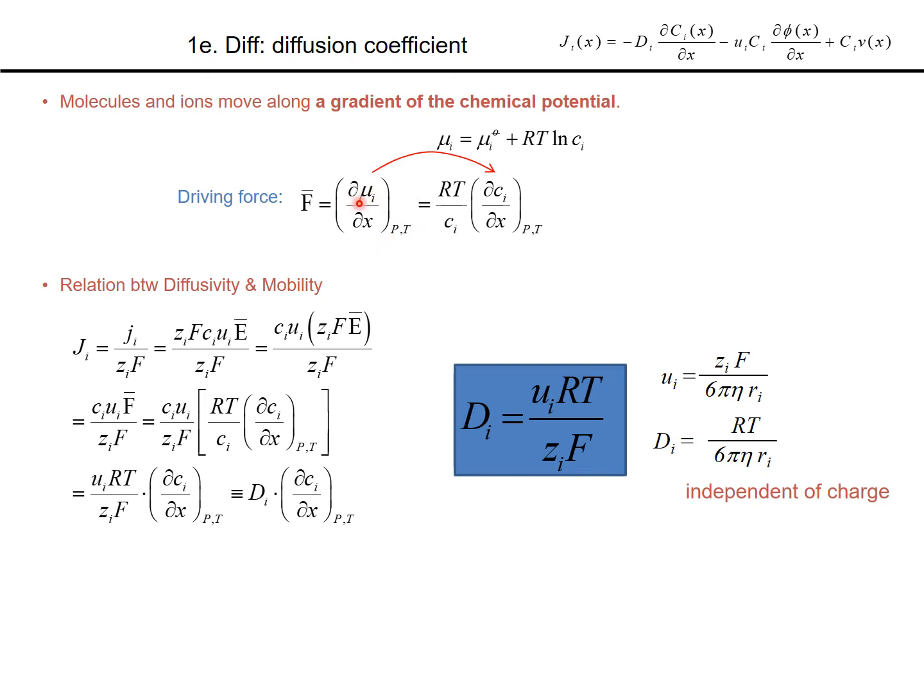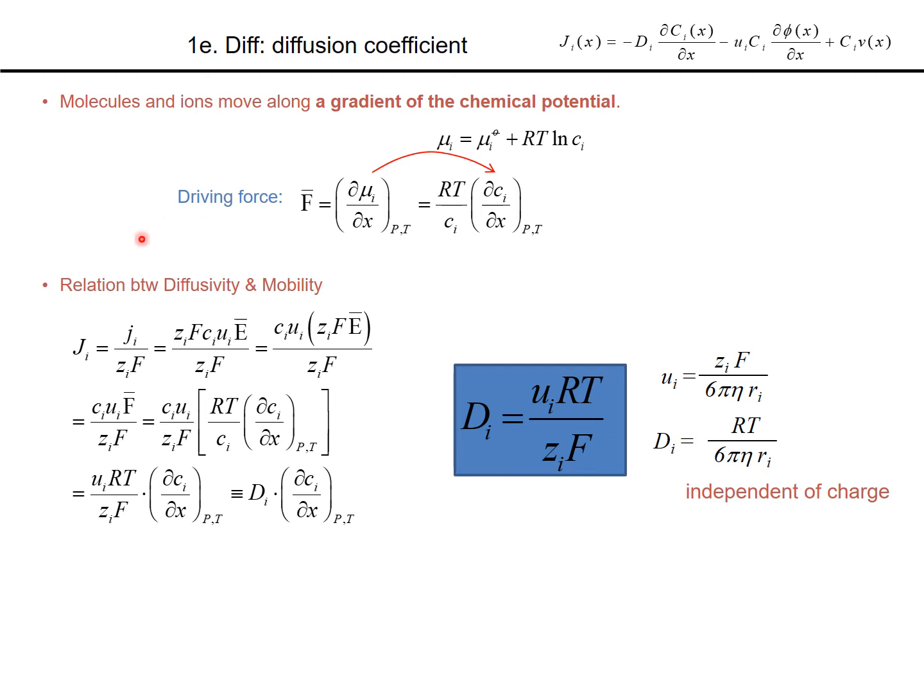Then the chemical potential can be described by the standard chemical potential plus RT ln, sometimes activity, sometimes concentration. So put it there, and then RT per concentration with the gradient of concentration. That is the driving force for the diffusion process.